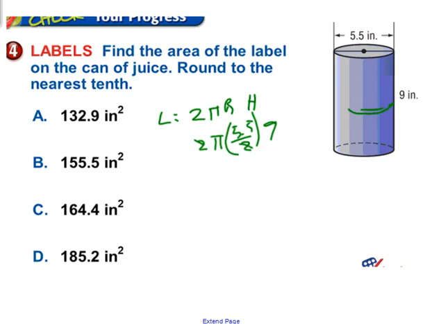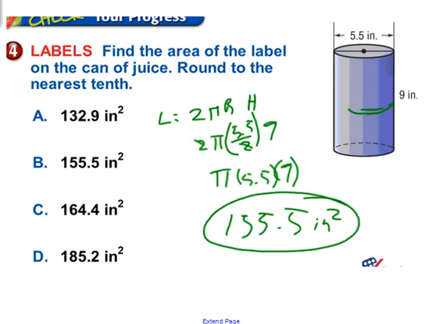The times 2 and the divide by 2 cancel, so I've got pi times 5.5 times 9. I'm going to do that on my calculator, and I get 155.5 inches squared, which is the surface area of the label, letter B.